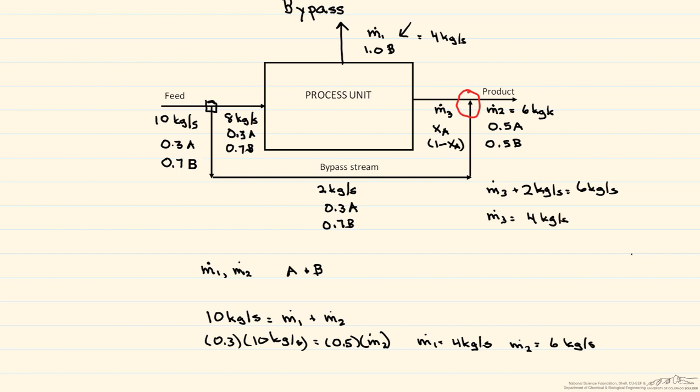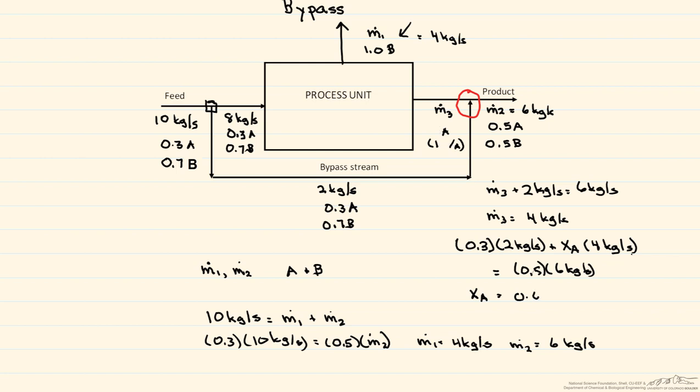Now we'll do an A balance there. So our 0.3, and this is coming from our bypass stream, times 2 kilograms per second. And we add that to our XA, and this is times what we just calculated, 4 kilograms per second. And this is going to have to equal 0.5 times 6 kilograms per second. And from that, we find that our XA is equal to 0.6.